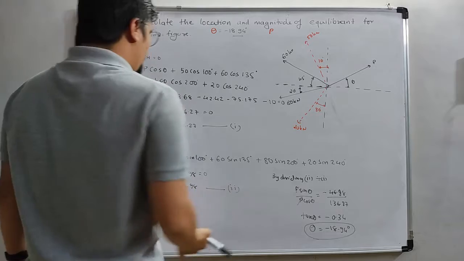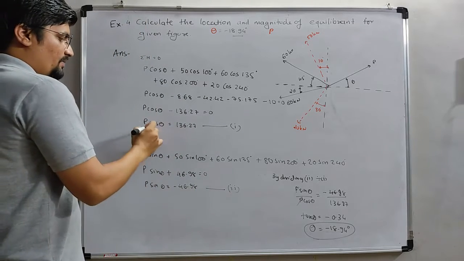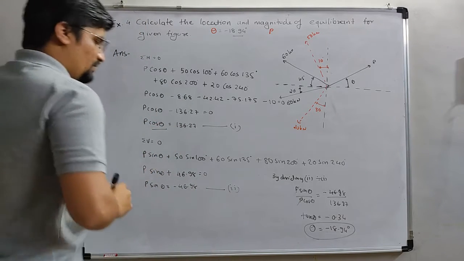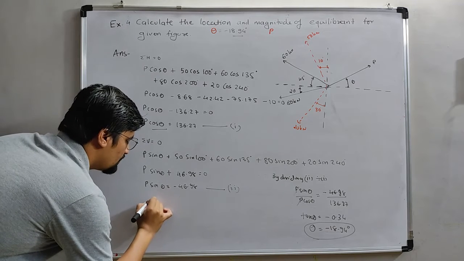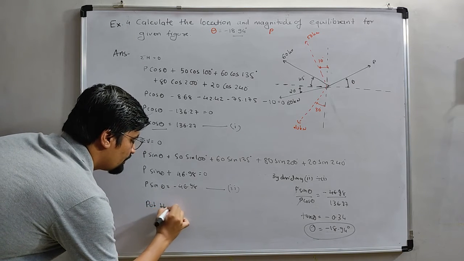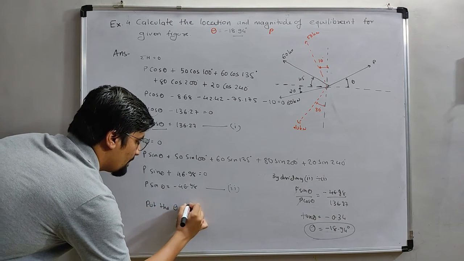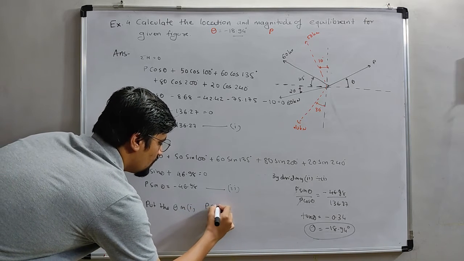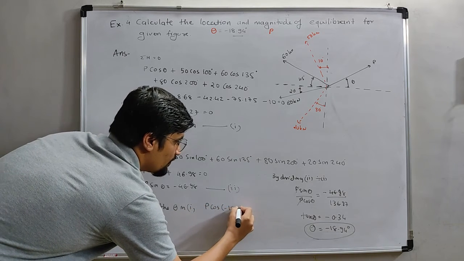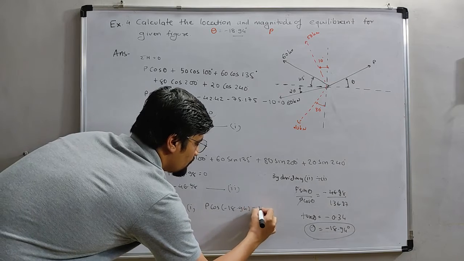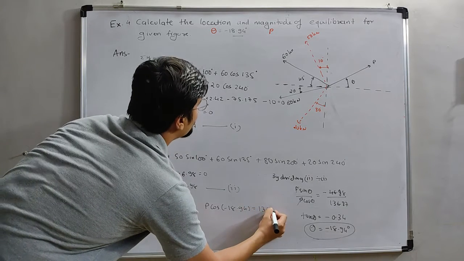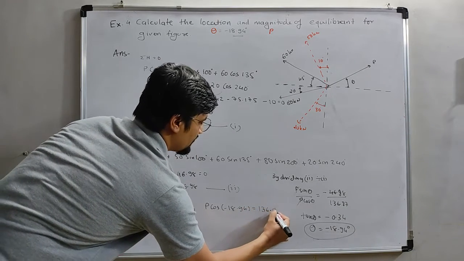Now put this theta value in any one of these equations. Let me put this theta in equation 1. So P cos minus 18.94 is equal to 136.27.